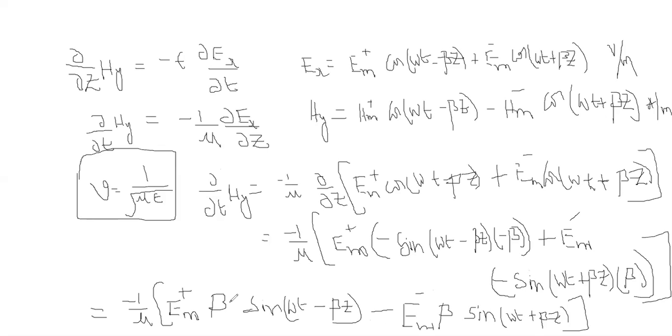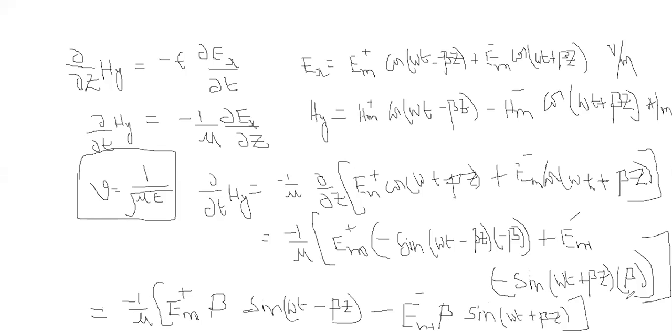So integral on both sides with respect to the t. So minus 1 by mu Em plus beta, the integral of sine function here is a cosine, minus Em minus beta, the integral of sine function is a cosine function, and internally we have the t coefficient is a omega. You can now divide with that omega, the beta by the omega we will get.